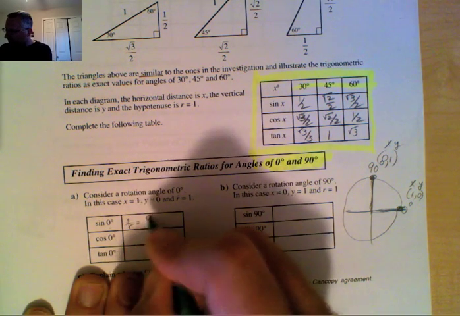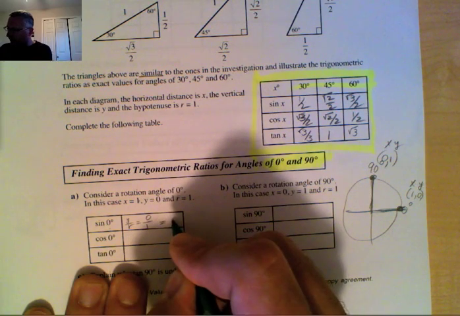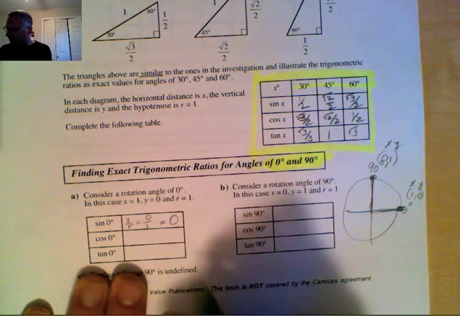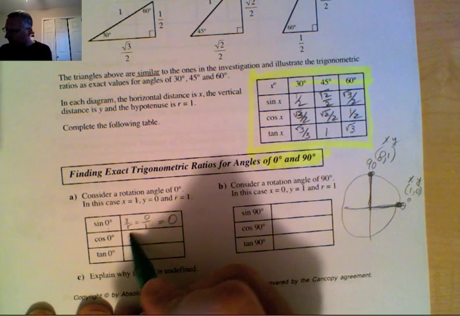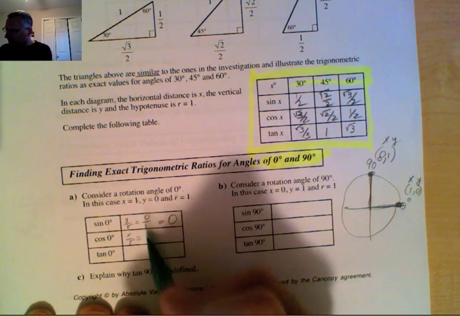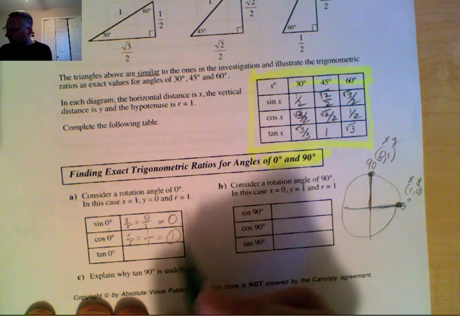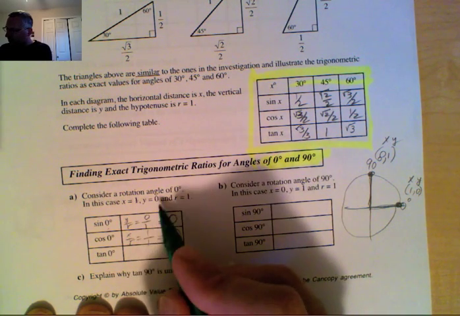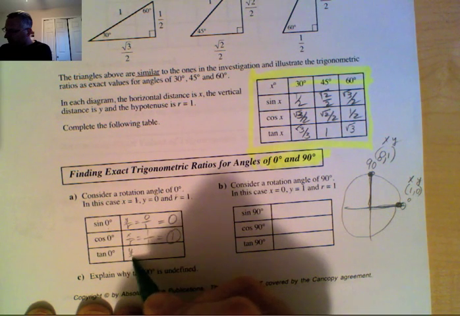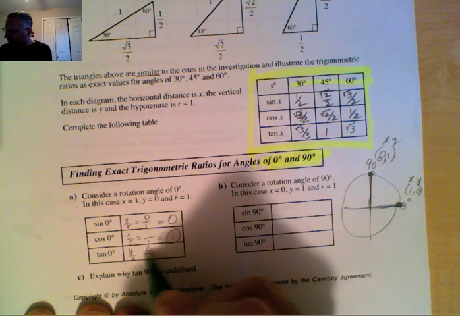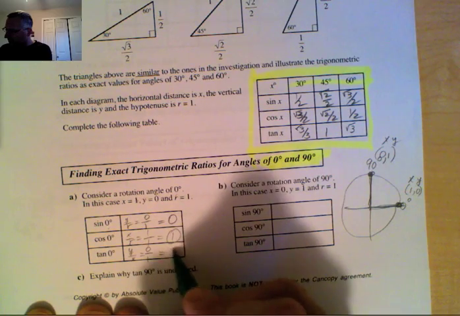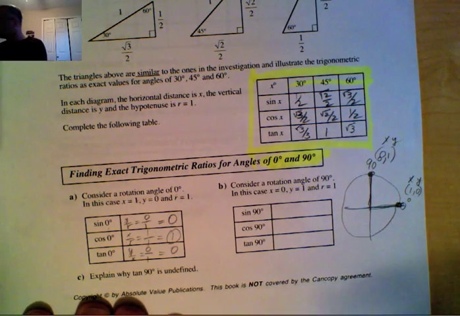Well, y is 0, r is 1, and 0 divided by 1 is just 0. Cosine is x over r. Well, x is 1, the radius is 1, so cosine has a value of 1. Tangent is y over x. Well, y is 0, x is 1, so 0 over 1 means tangent has a value of 0.